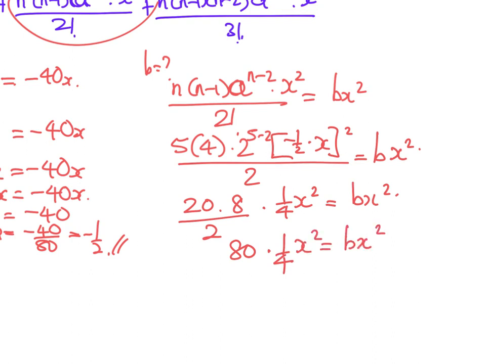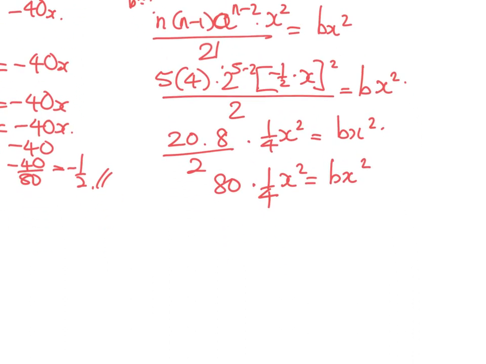We can disregard the x squared over here, and 80 divided by 4 is 20. So 20 equals b. From there we know b equals 20.